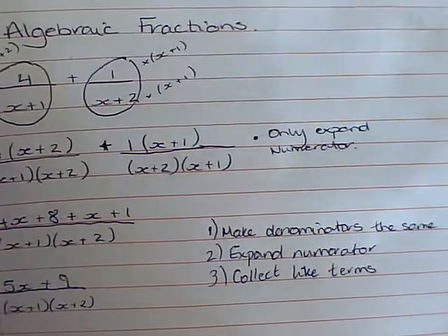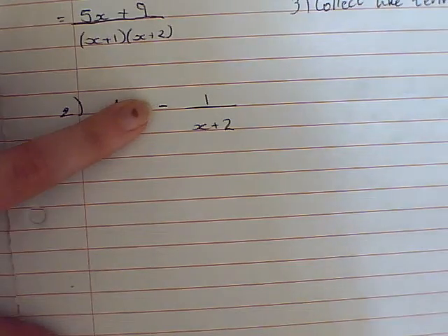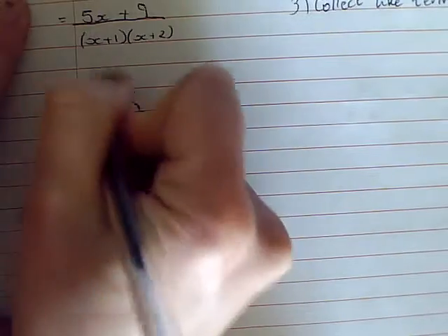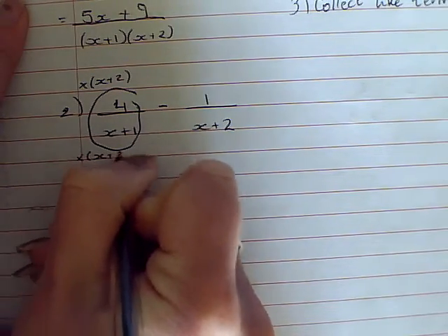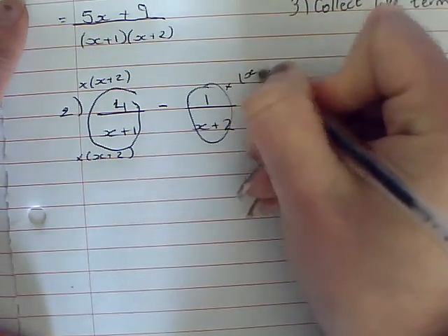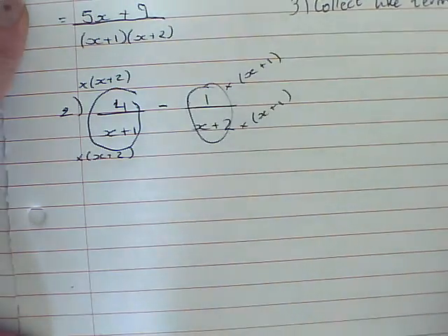So I'm gonna do another example, and this time I have changed the add sign to a subtraction sign. Okay, so I'm going to do the same thing. I'm going to make my denominators the same. You'll notice I've used the same numbers, but this part here is changed right in the middle.